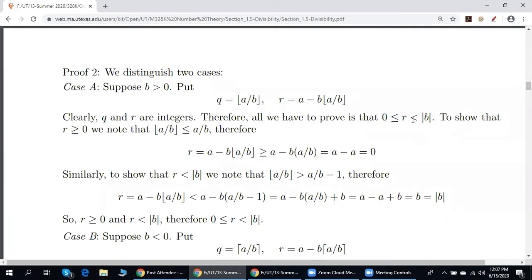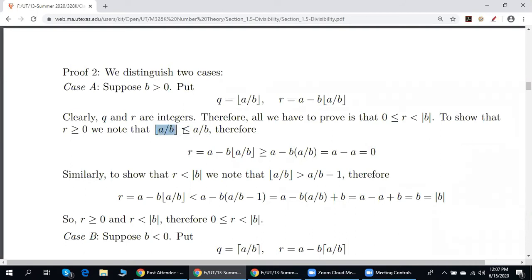First, let us show that r is greater or equal to 0. So once again, by what is written here, r is a minus b times floor of a divided by b. Observe that since floor is the biggest integer that does not exceed this, the left-hand side is lesser or equal to a divided by b.